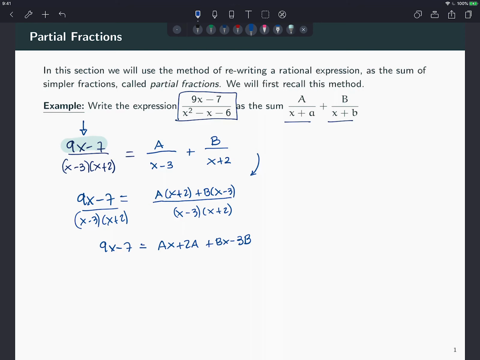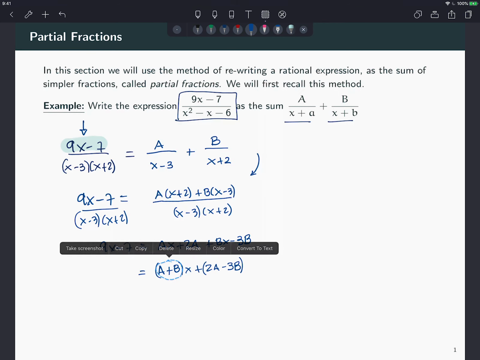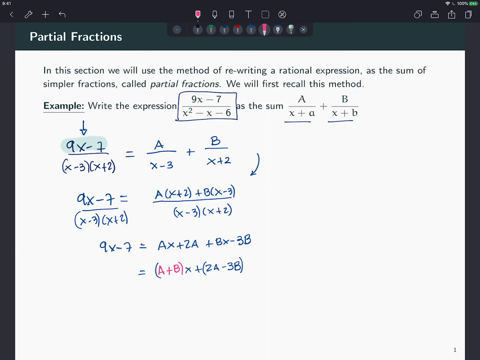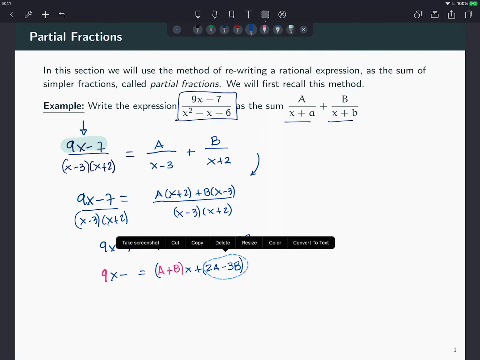Now the key point is that I have a polynomial on the left of degree 1, and a polynomial on the right of degree 1. If they're going to be equal as polynomials, the coefficients of x must match, and the linear terms must match. What do I mean by that? That a plus b should be 9, and 2a minus 3b should be negative 7.